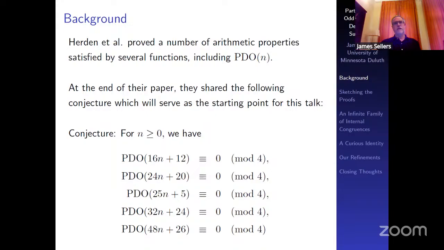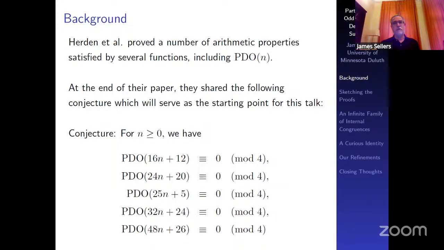So I just want to let us stare at this for just a moment. And notice we have 5 congruences here, all modulo 4, and PDO at various arithmetic progressions. Let me make 2 quick comments here, and then I'll go on to the next slide. The one comment I want to make is that some of these are fairly closely related to one another.